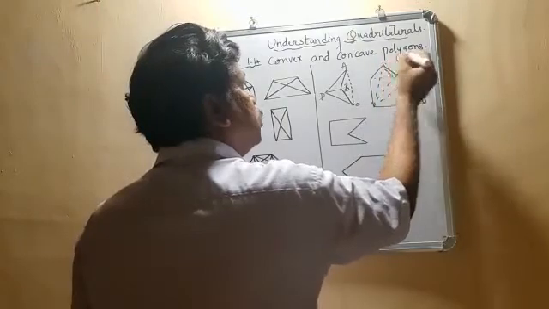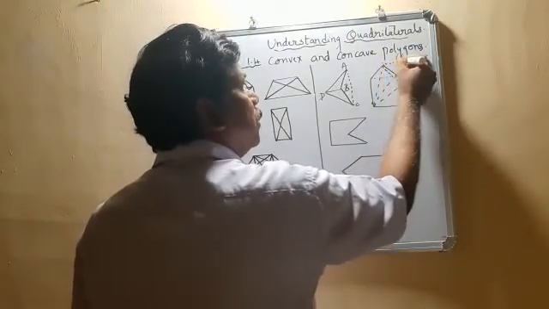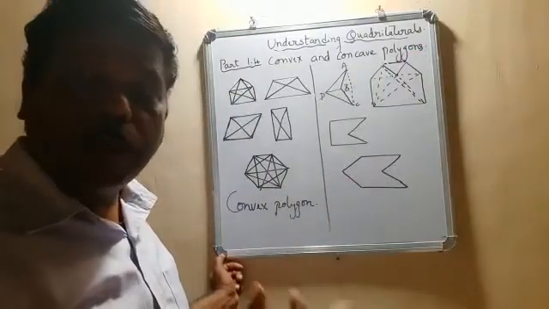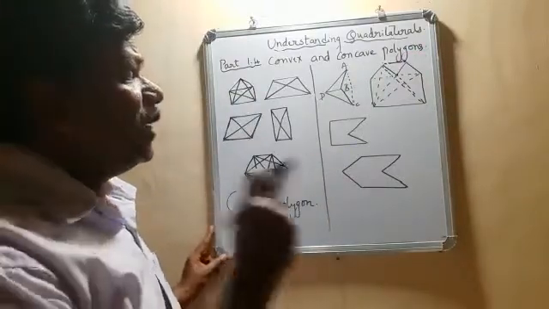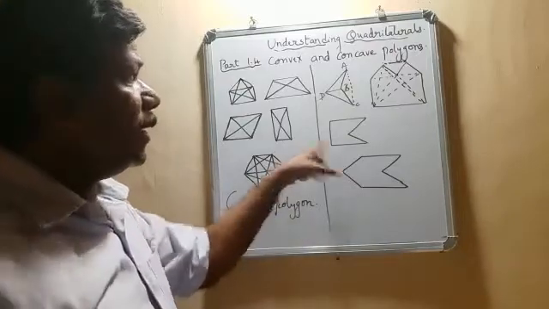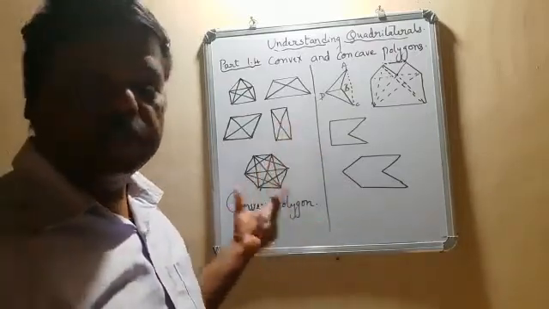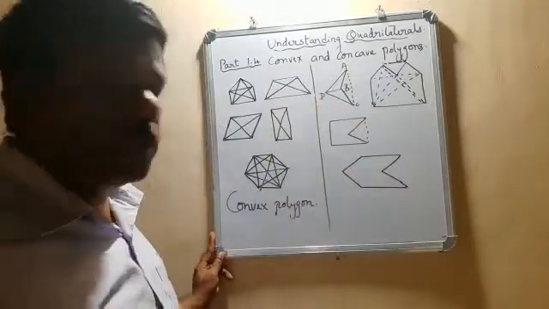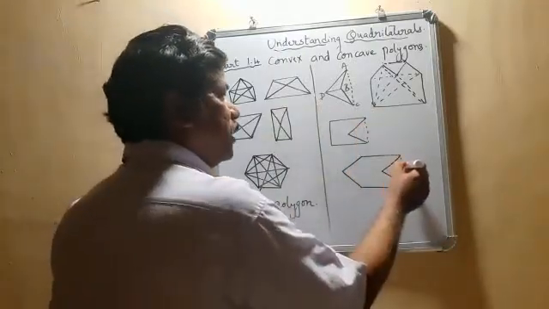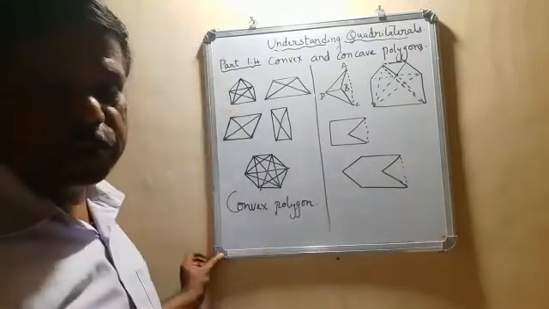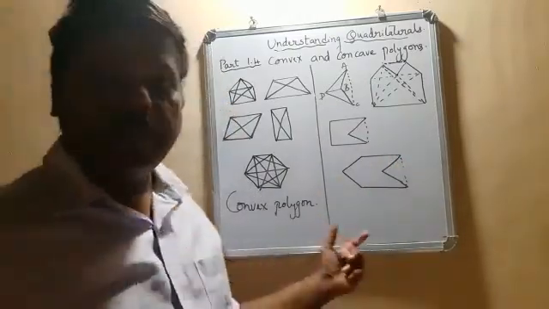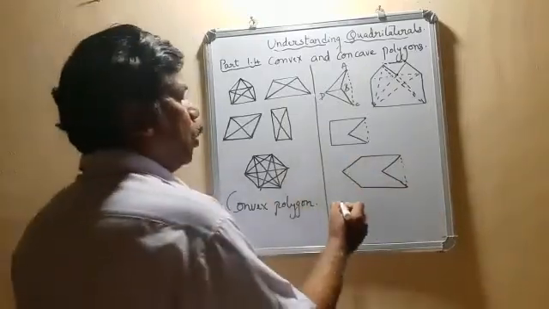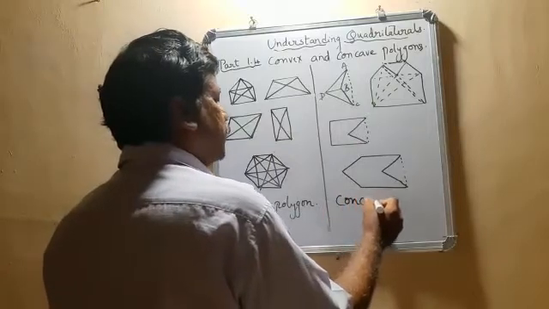If I join these two alternate points here, this is in the exterior region. So at least one such diagonal can be drawn in the exterior. Here also I can say that in this part it will be in the exterior. In this case we will say that this type of polygon is called a concave polygon.